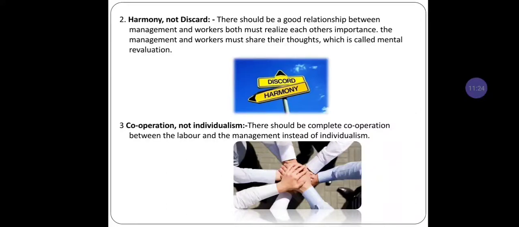Understood? And point number 3, cooperation, not individualism. Taylor is telling that there should be complete cooperation between labor and management instead of individualism. Taylor did not believe in individual work. He believed in teamwork.